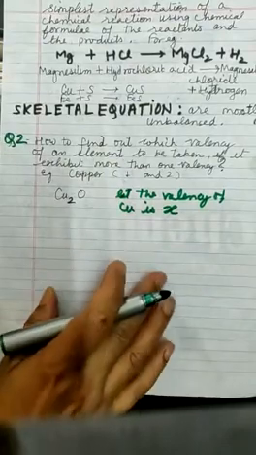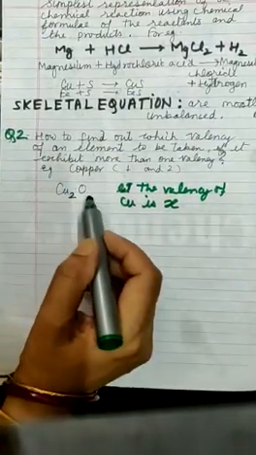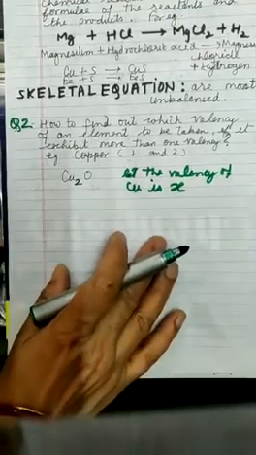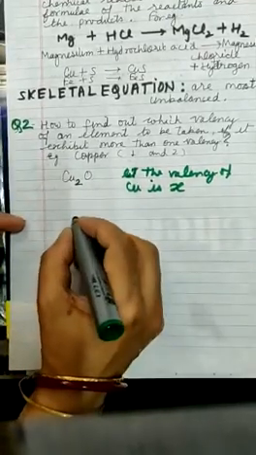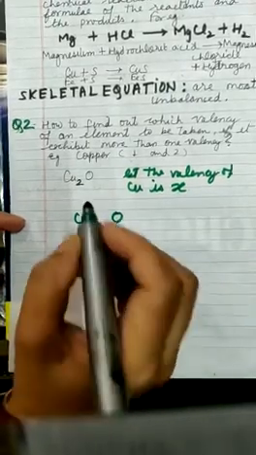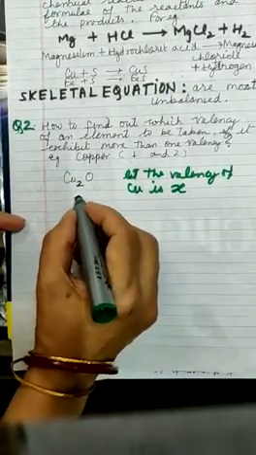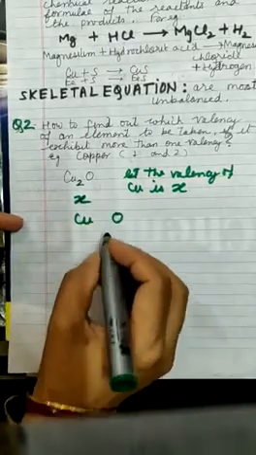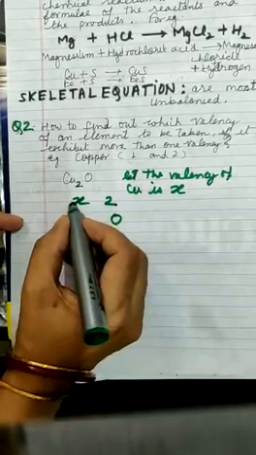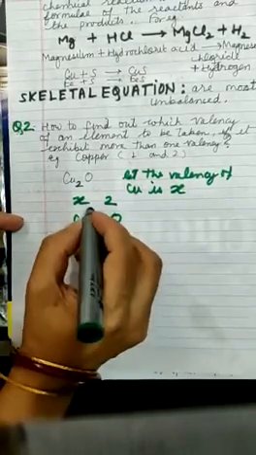Now we do formula framing for copper oxide without knowing whether this copper is copper 1 or copper 2, and let's see the result. This is Cu, this is O, and then we write the valency of copper to be X, as we don't know, but the valency of oxygen we know, which is 2. X may be 1, X may be 2, we'll find out later.